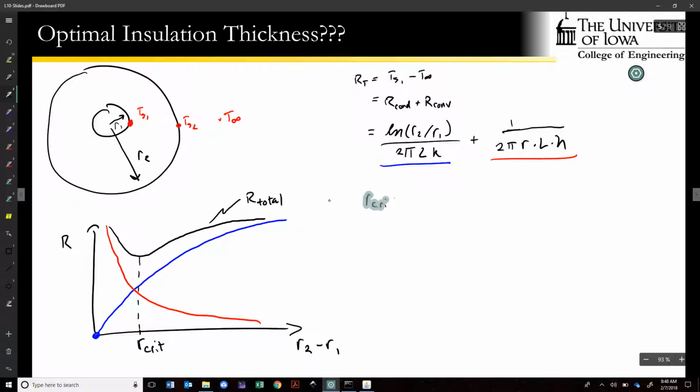So for R less than R critical, the total heat loss will increase as you make the insulation thicker.